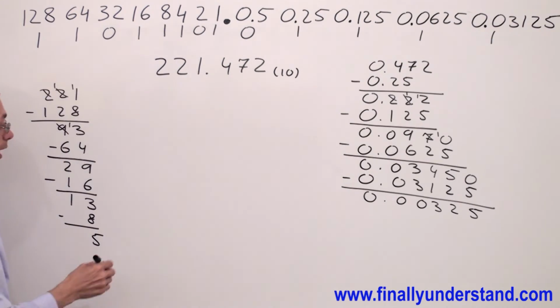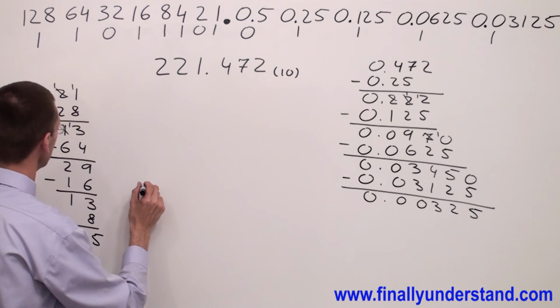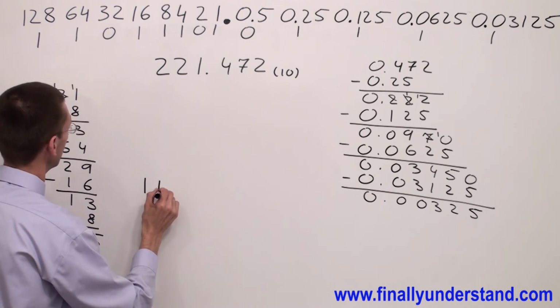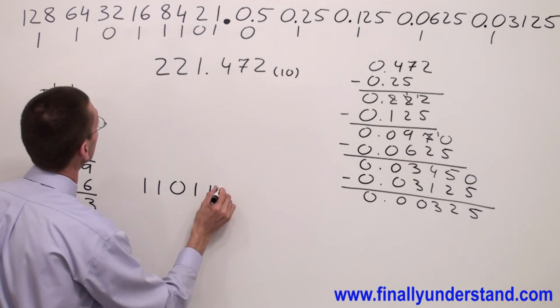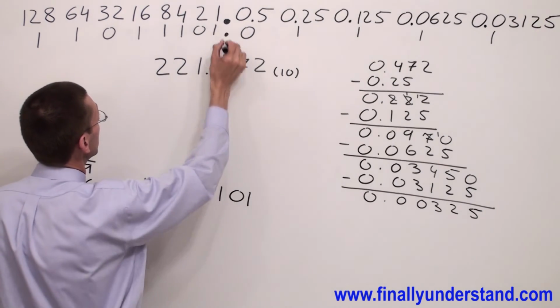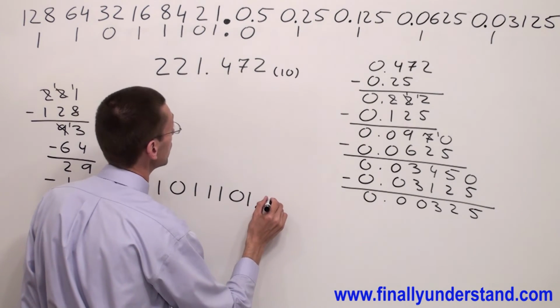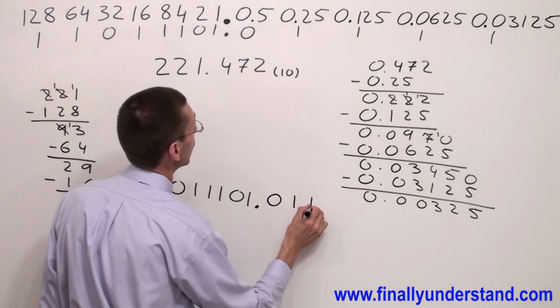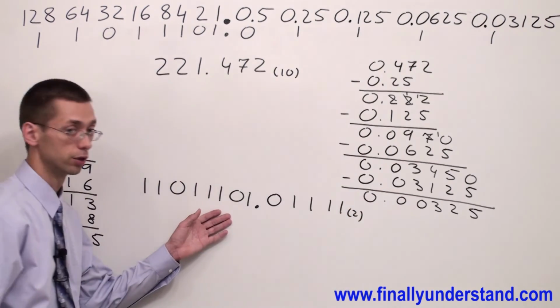That's why I can copy my final answer, and this is going to be 1, 1, 0, 1, 1, 1, 0, 1. This is my binary point, and I'm going to have 0, 1, 1, 1, 1. This is the solution to my problem.